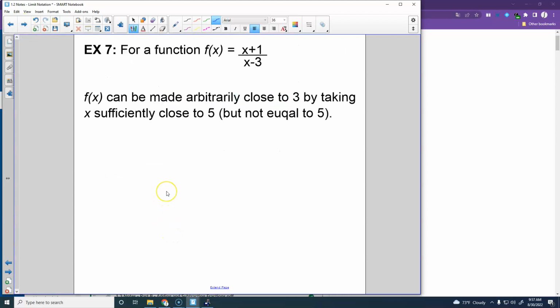All right, for a function f of x equals x plus 1 over x minus 3, f of x can be made arbitrarily close to 3 by taking x sufficiently close to 5, but not equal to 5. So this is that sort of more complicated wording, but we know we're going to have a limit, and we know we need an x approaches something here. What is x approaching?